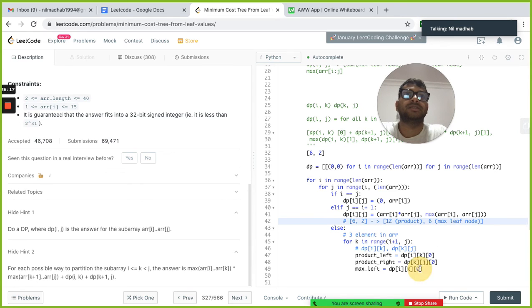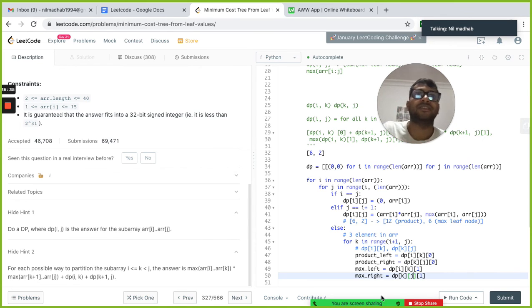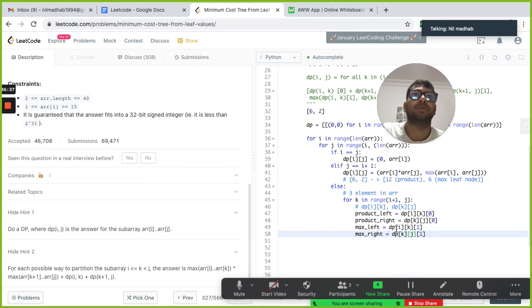Max left is, yes, and max right is dp of k to j. So now from this left right we have to make the product and maximum, right?